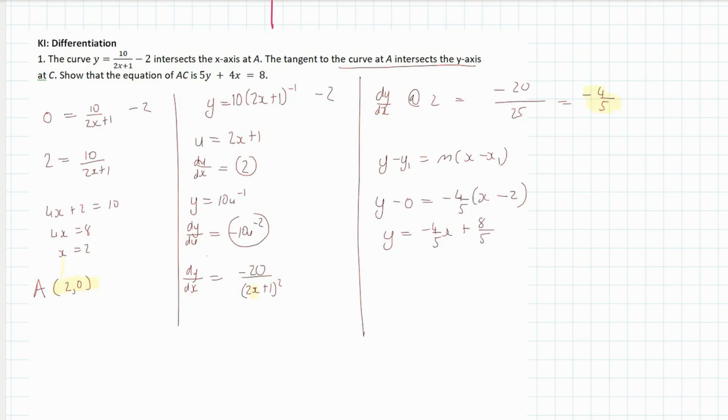And we want to find out where it intersects the y-axis. The tangent of the curve at A intersects the y-axis at C. I don't know if we need to find this or not, but let's do it.